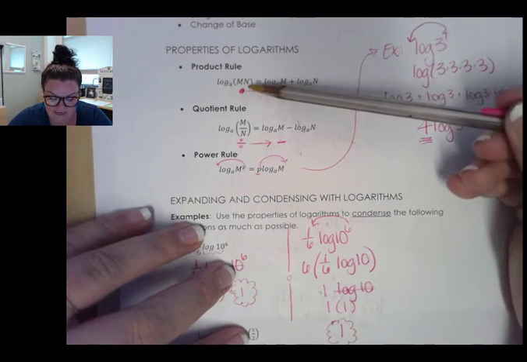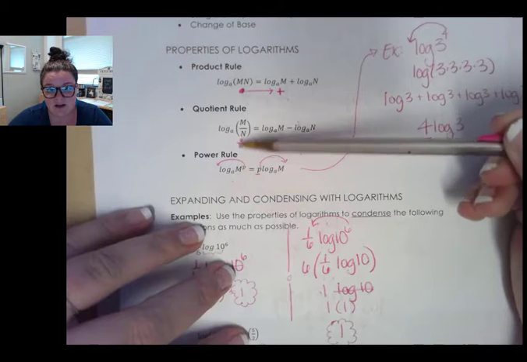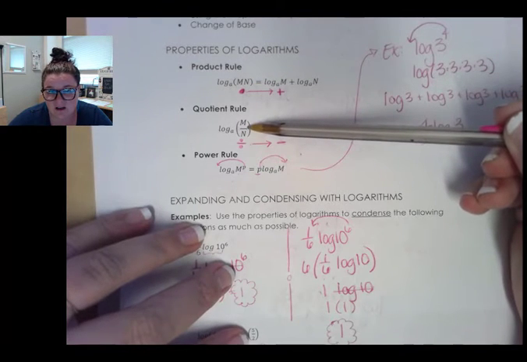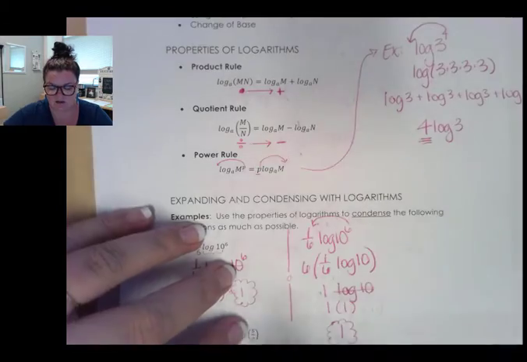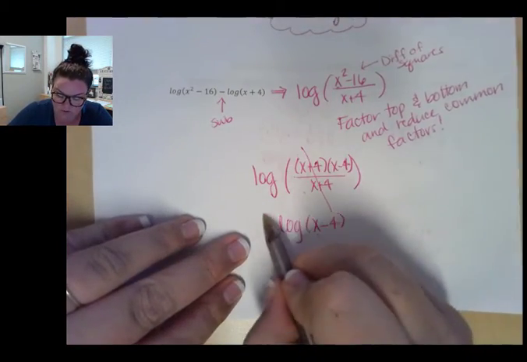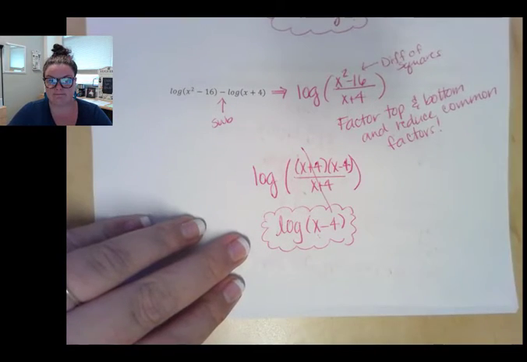Notice I don't have any rules for a subtraction inside the log. I only have a rule for multiplication in the log, or a quotient in the log, or an exponent in the log. I don't have a rule for subtraction inside the log, right? So that means for this last example, this is as simplified as it gets, okay?